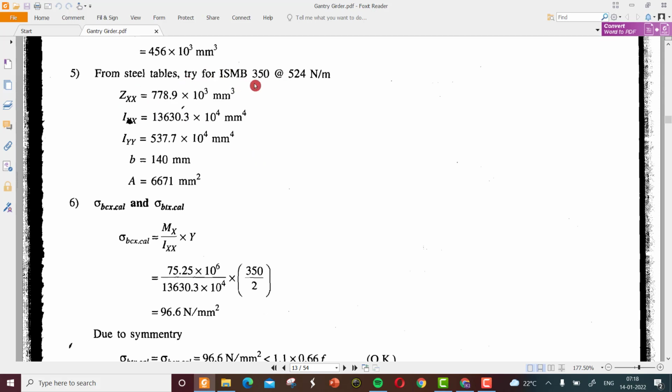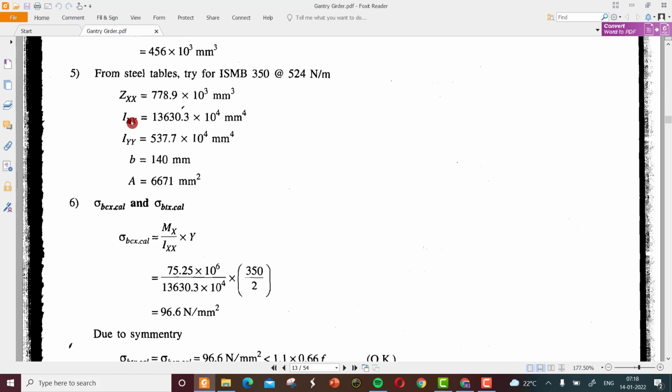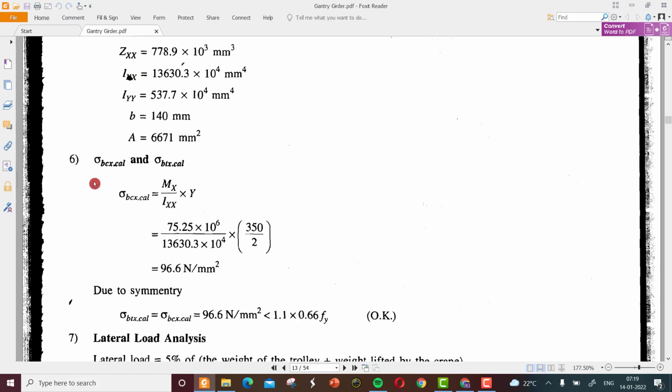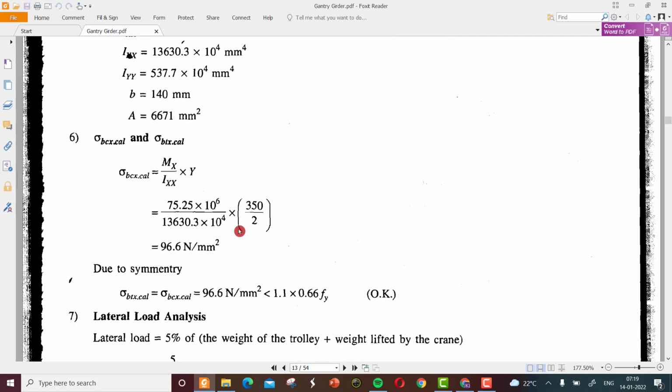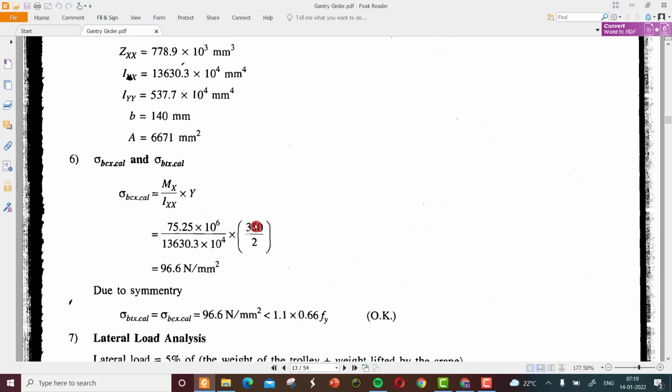This ISMB 350 at 524 Newton per meter satisfies the conditions, having 778 over 5456, a very high value. These are the Ixx, Iyy, different breadth, as well as the total area of the cross section. We can find sigma BC and sigma BT equal to Mx by Ixx into y, which is bending moment by Ixx into y, where y is total depth 350 by 2.